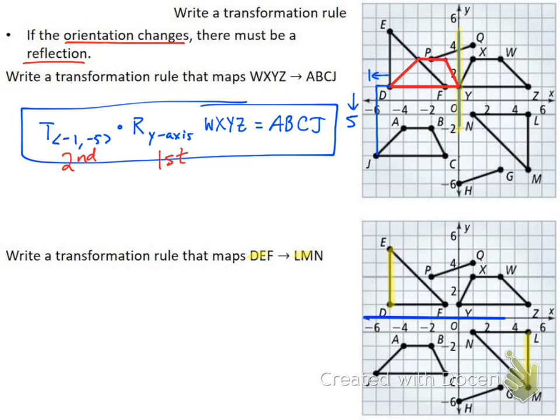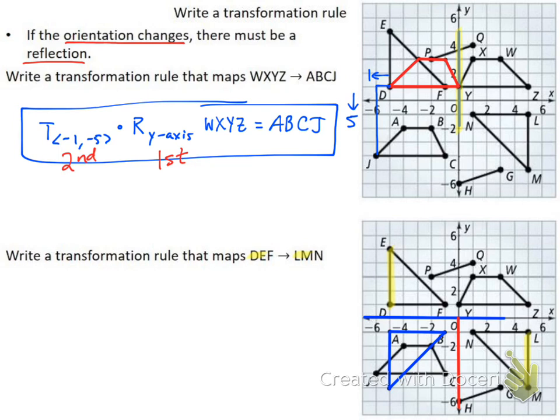So when I do that, I end up with my points here, and then that's going to be 5 down. So when I do that, I get this triangle. And then once I do that, actually, if I just do a reflection over my y-axis, then I'll get it to be on top of the other one.